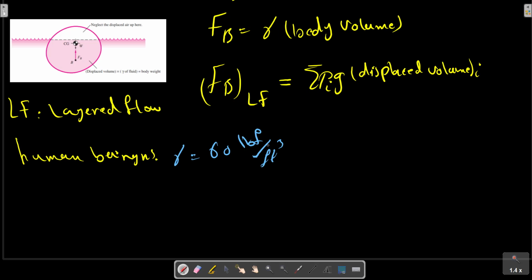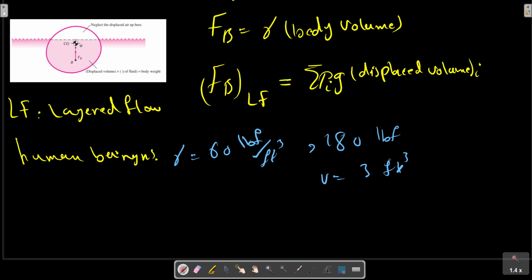We may record the weight of a person as approximately 180 pound force, and thus the total volume is estimated as 3 cubic feet. However, in so doing, we are neglecting the buoyant force of the air surrounding the person.